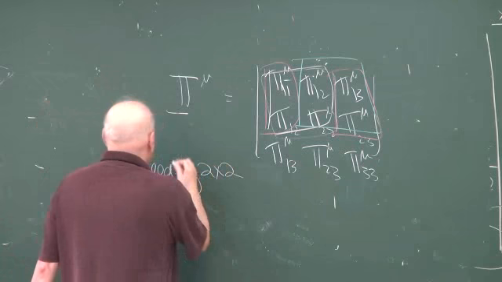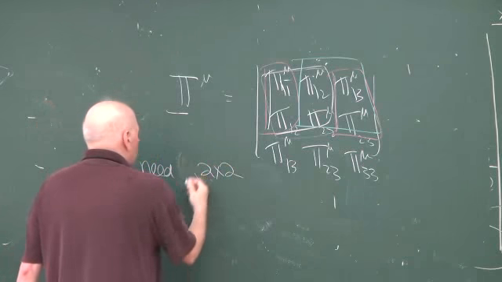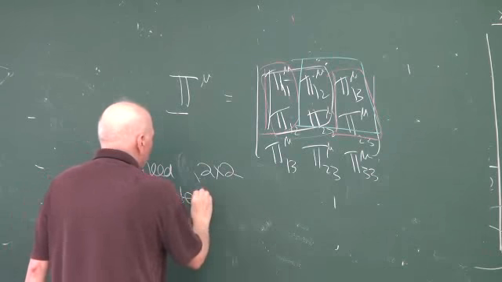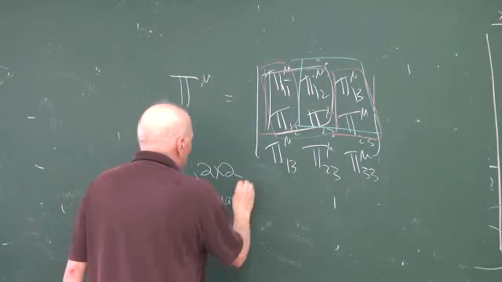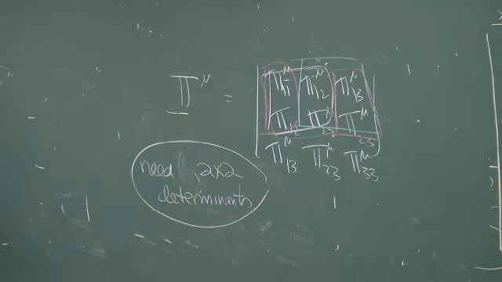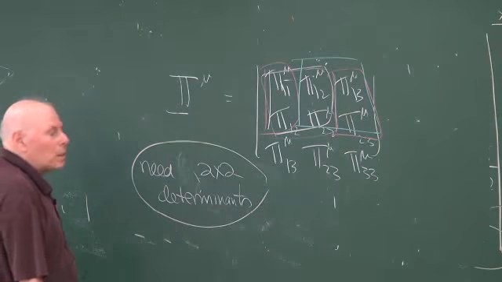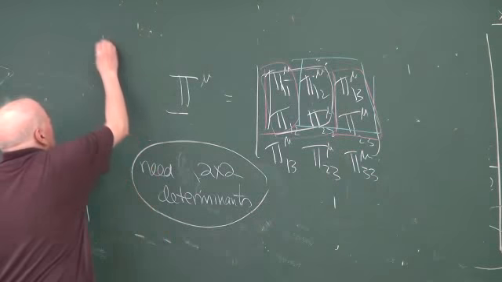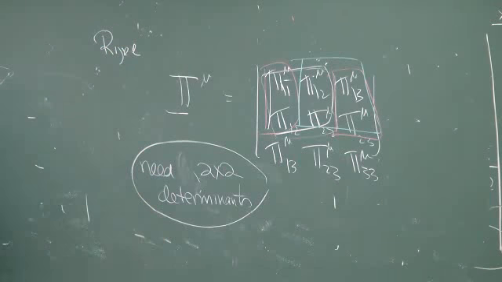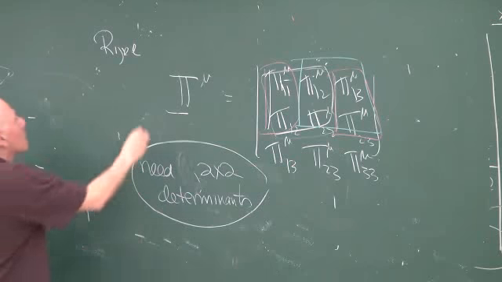So we need to do 2 by 2 matrices. If we take all these 2 by 2 determinants, we get a big guy. In this case it could be substantial. We can write it down, but it's the Riemann curvature tensor.